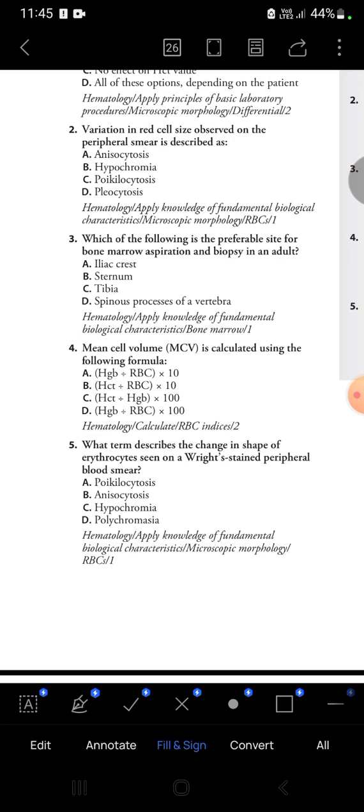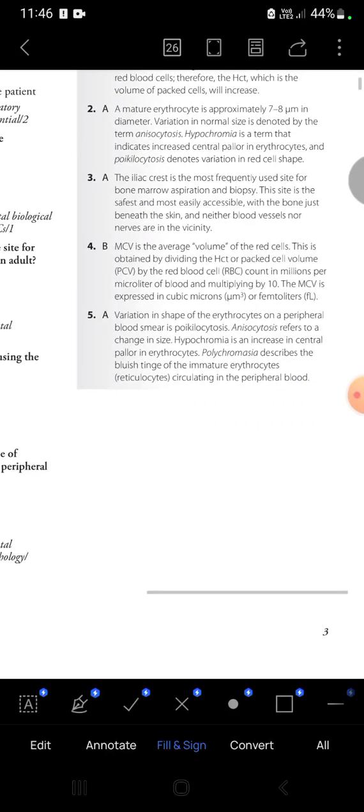So the change in shape of erythrocytes seen on a Wright stained peripheral blood smear is poikilocytosis, change in size is anisocytosis, and hypochromia is related to central pallor, and polychromasia describes the bluish tinge of the immature erythrocytes circulating in the peripheral blood.